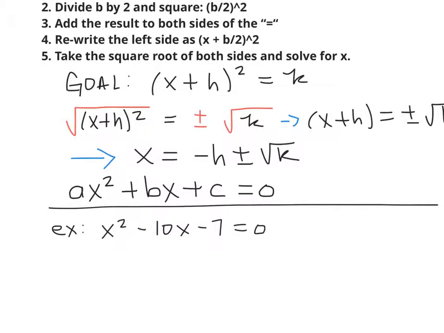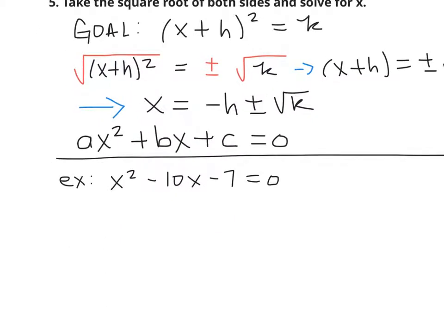So our first step is we want to move that constant to the other side. So step 1, move the 7. To move the 7, we're going to add 7 to both sides. So we end up with x squared minus 10x equals 7. Now we go to step 2, and we take b, which is the coefficient on the x term.